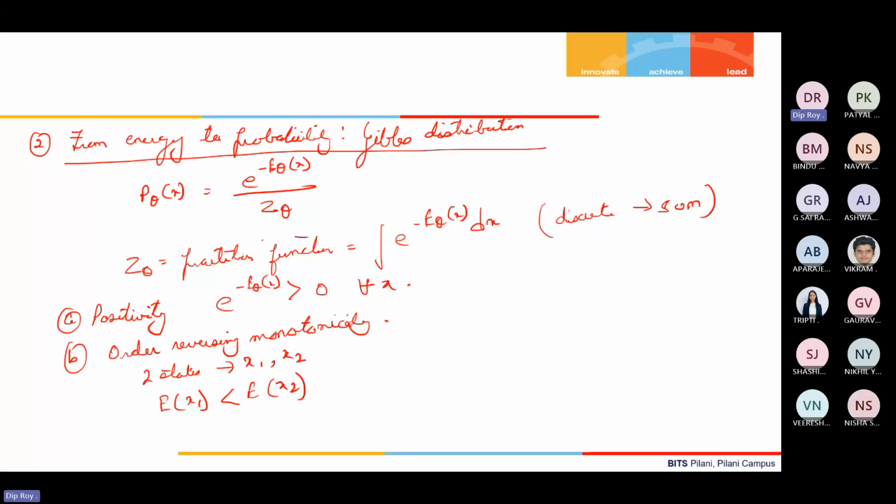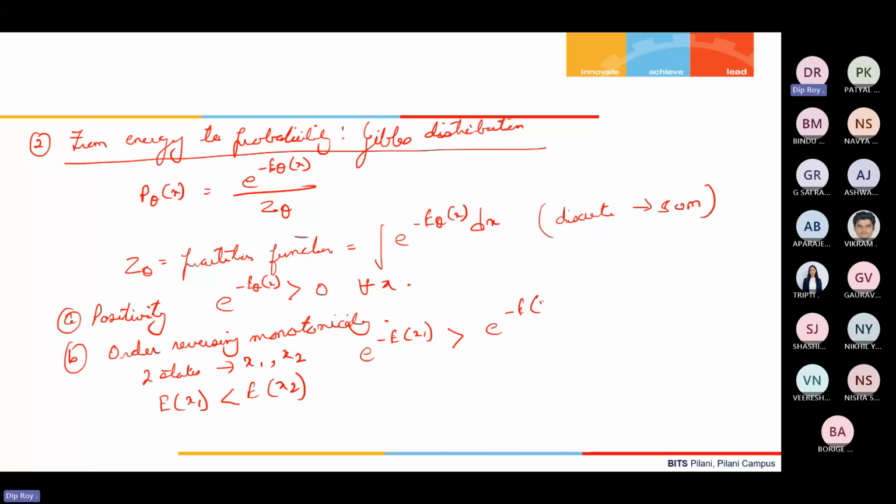And if you just see this mathematically, e to the power minus E(x1) will be greater than e to the power minus E(x2), which implies that the probability of x1 is greater than the probability of x2. Let me take a toy example.